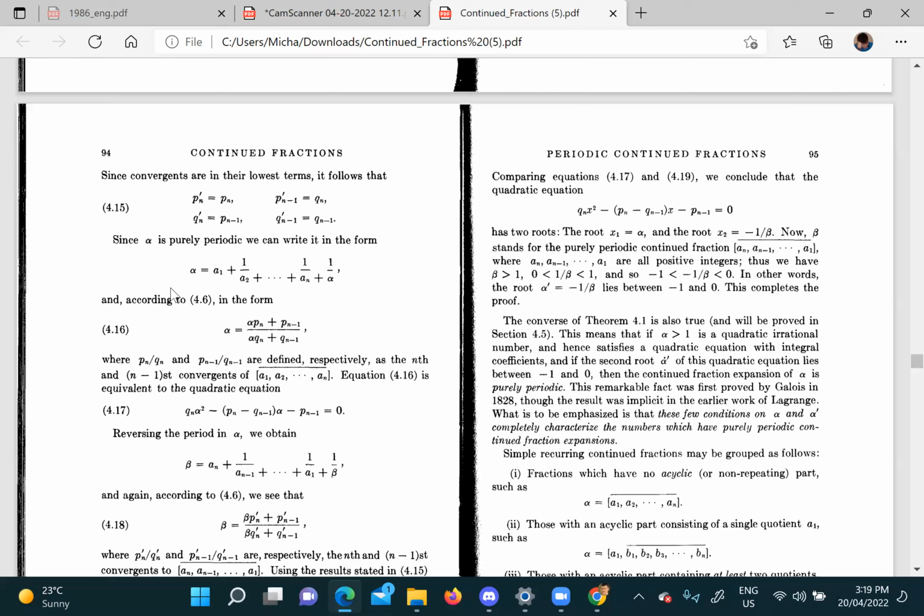And I guess therefore the other root, beta, is also the negative reciprocal of the reversed continued fraction. So these are just inequalities. How did inequalities suddenly turn into some exact thing? So you're wondering if it's even true, let alone how to prove it.